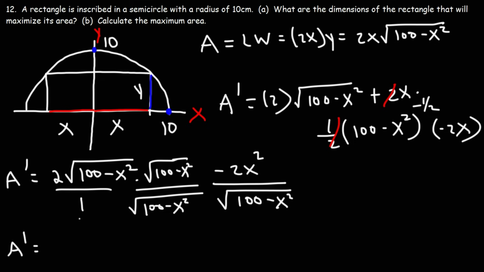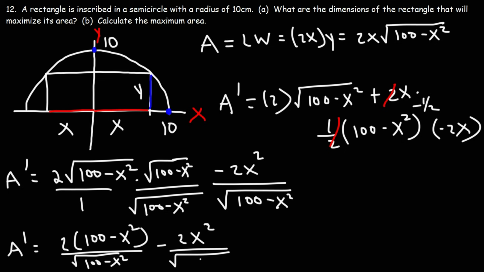So now we have a prime is 2. When we multiply these two, the square root will disappear, and we're just going to get 100 minus x squared. And then we have the other term. So at this point, we can write it as a single fraction.